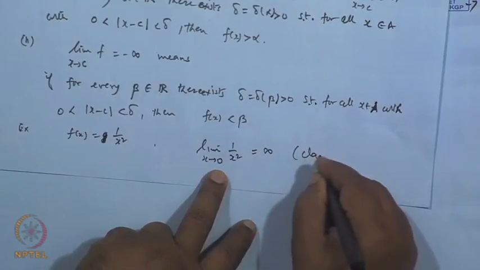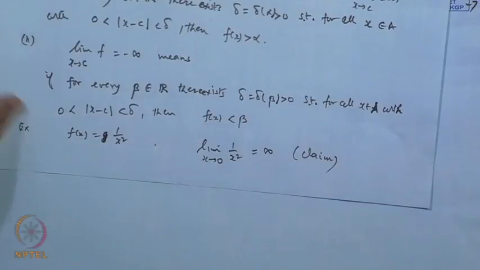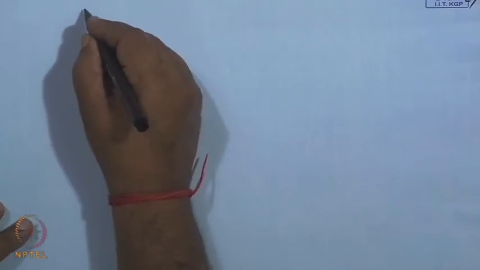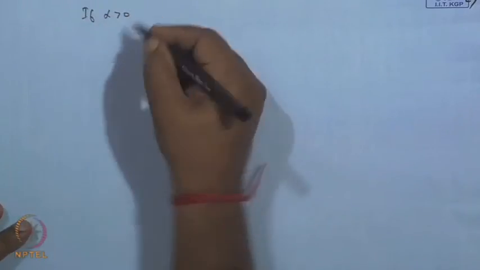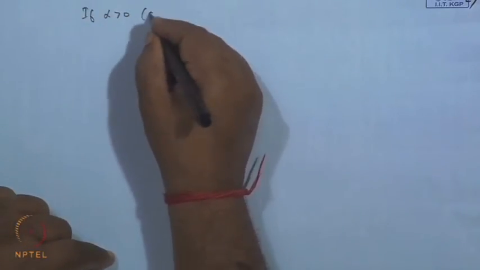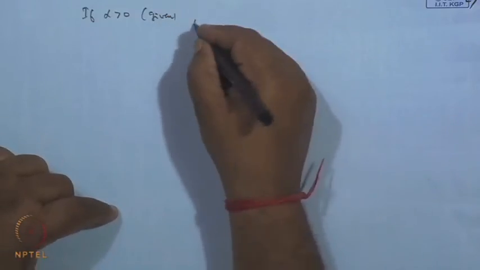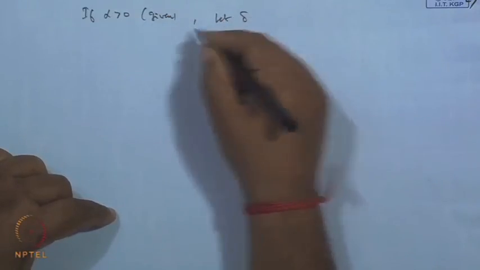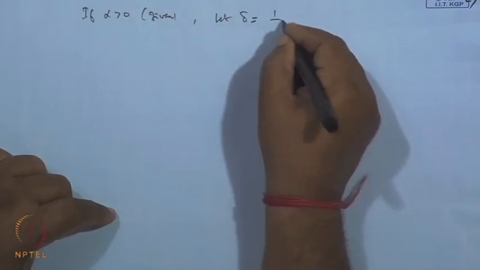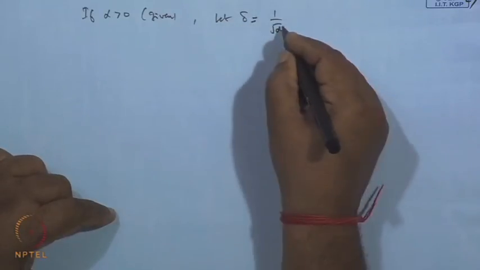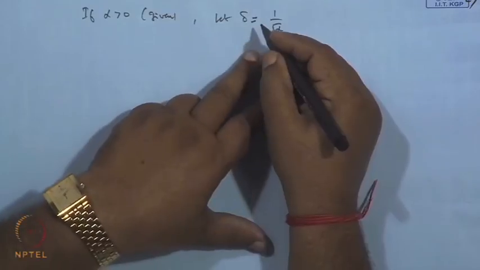This is our claim. To justify it, we write like this: suppose alpha greater than 0 is given, and let us take delta as 1 by root alpha. So, delta depends on alpha.